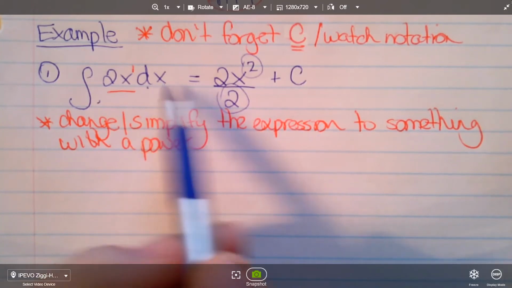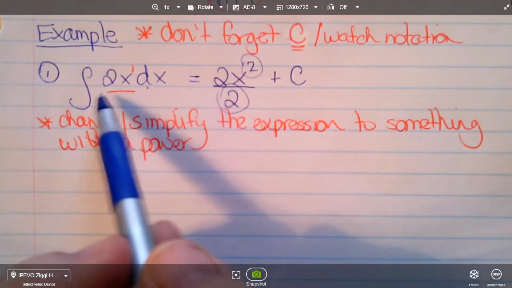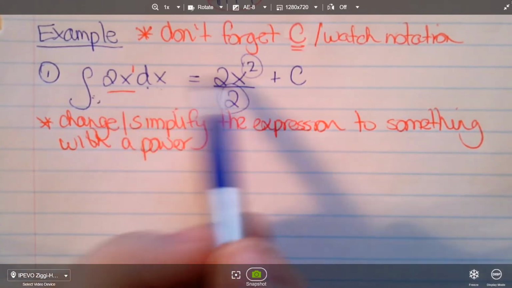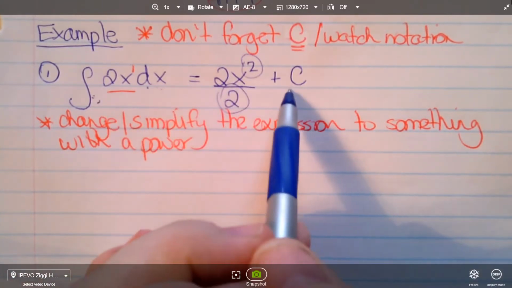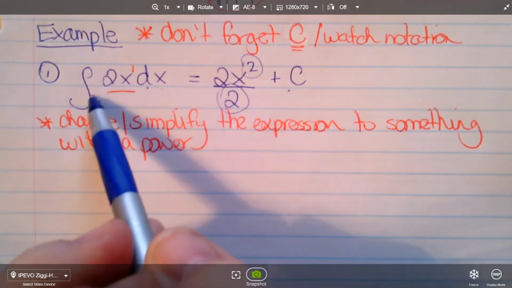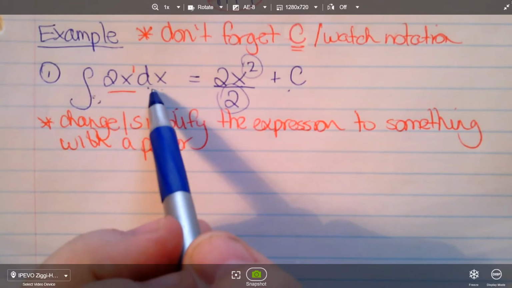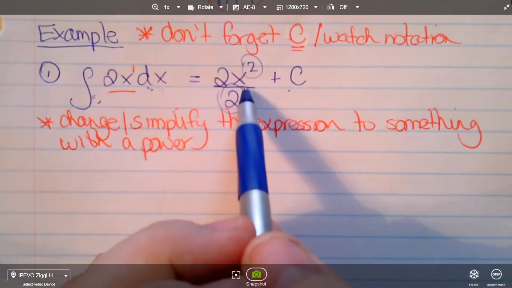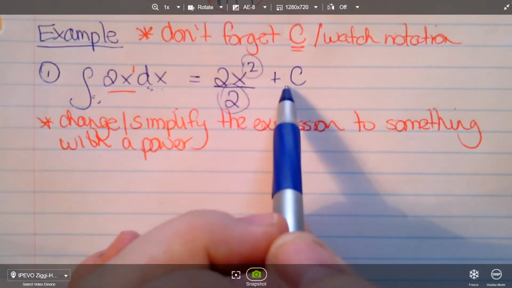Because it's done, those symbols, the integral and the dx, can be removed. Once they're removed, plus c gets put on as well. Wherever these are there, and they might be on there for a couple of lines, that's fine. As soon as you do the integral, you've got your answer. That's when plus c appears.